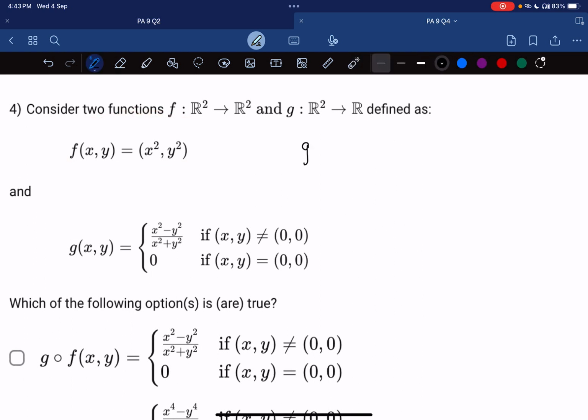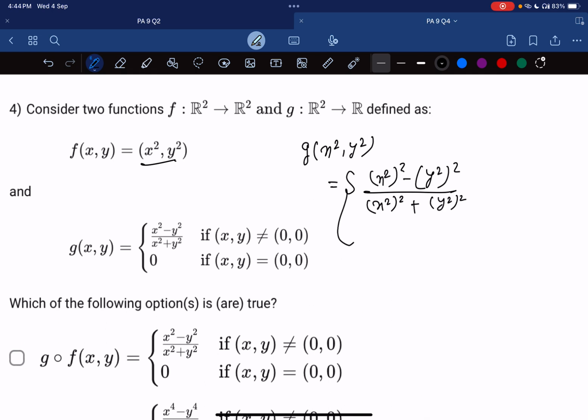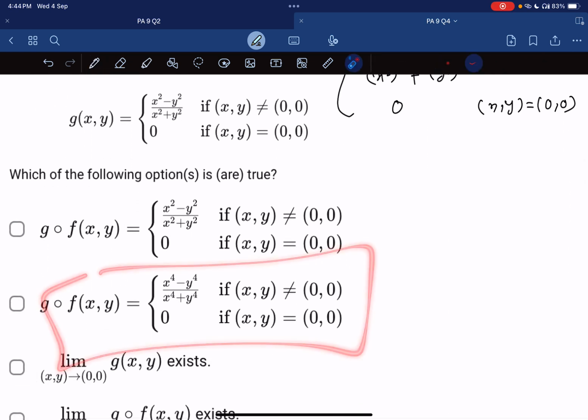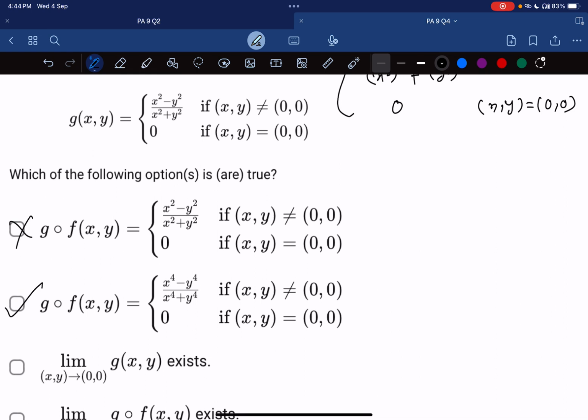So that means the output of the function f is x square comma y square, and on putting that as the argument of the function g, we will get x square square minus y square square divided by x square square plus y square square when x comma y is not equal to 0 comma 0, and 0 when x comma y is 0 comma 0, and that would be the second option, not the first option. So second option is correct, first option is wrong.